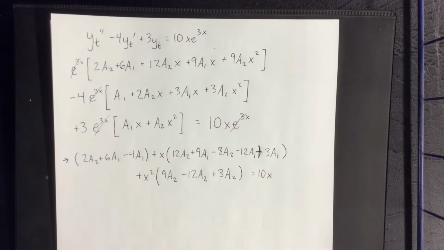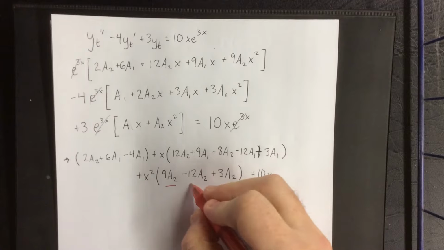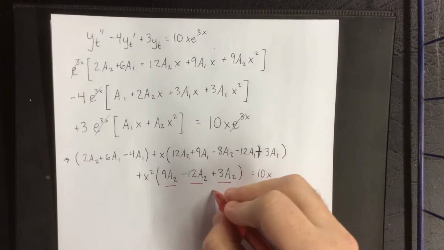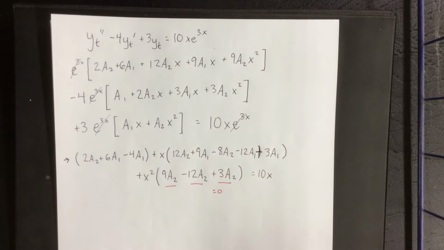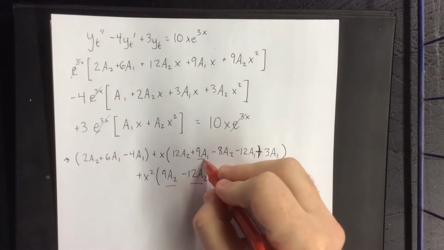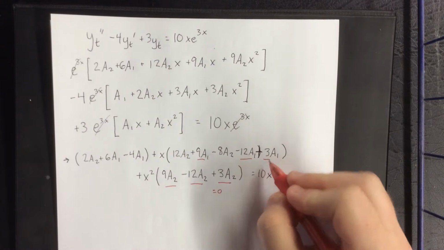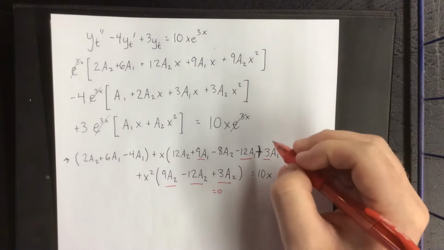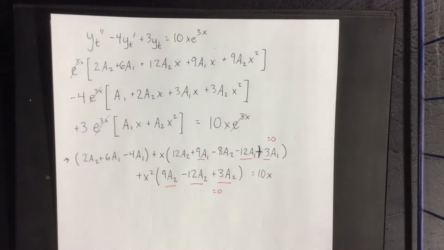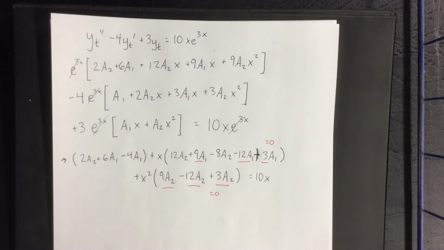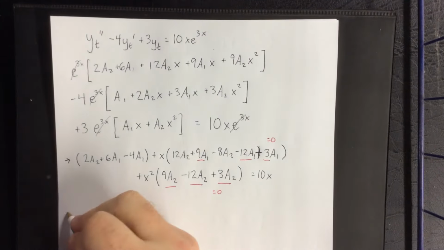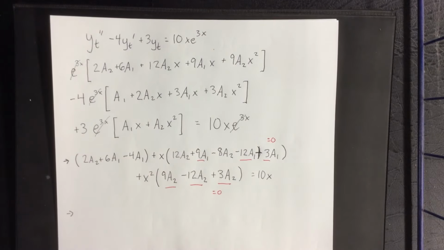One really great observation, well, a couple really great observations that we can make here. 9 minus 12 plus 3, all a2s, those are all 0. And then back, when I was busy screwing this up, 9 minus 12 plus 3, those will be equal to 0 as well. So that is some good news. Little arrow, and we'll recopy this one more time.